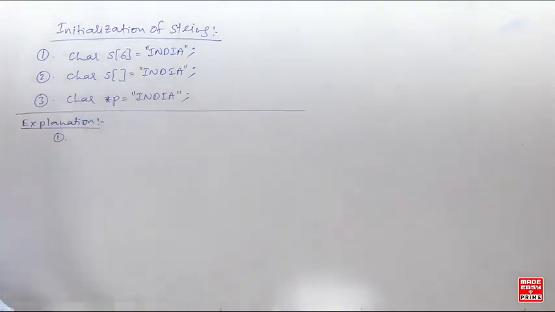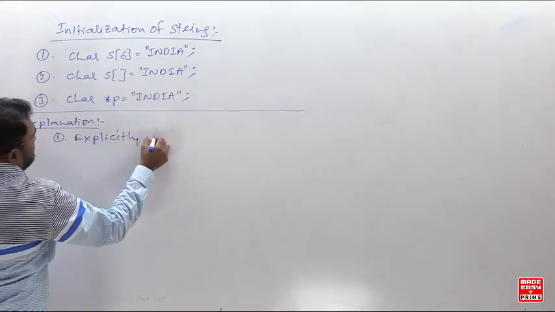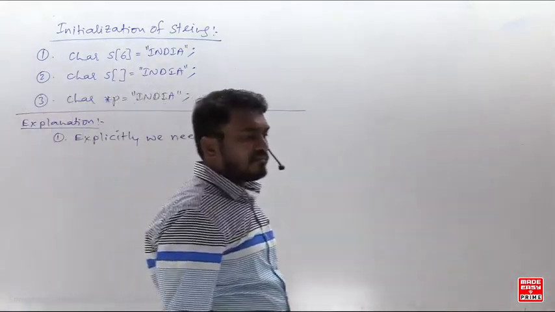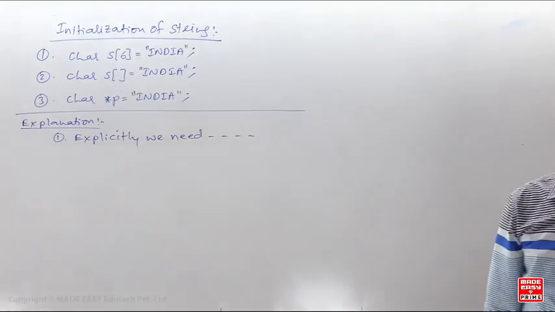Note down the explanation of the first one: explicitly we need to provide the size for the null character, otherwise it will print some garbage value.